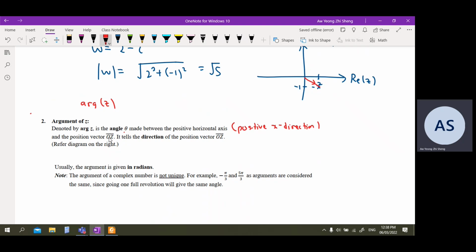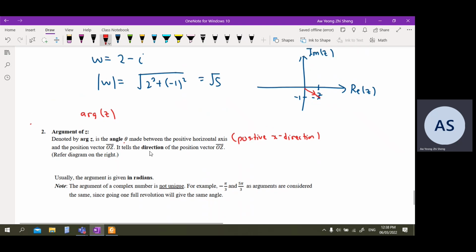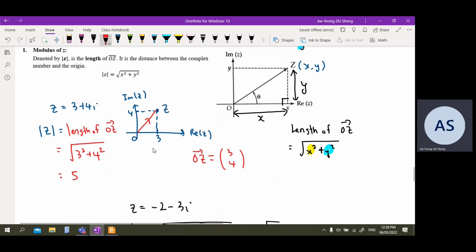and the vector representation OZ. So it tells you the direction of the position vector OZ, and you can refer to the printed diagram on the right of your page. Referring back to the printed diagram there, the argument of the complex number is the angle made between the positive x direction and the vector representation.